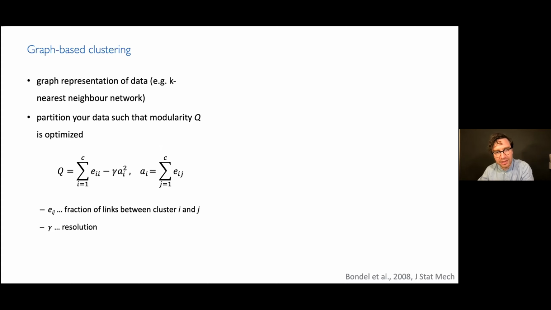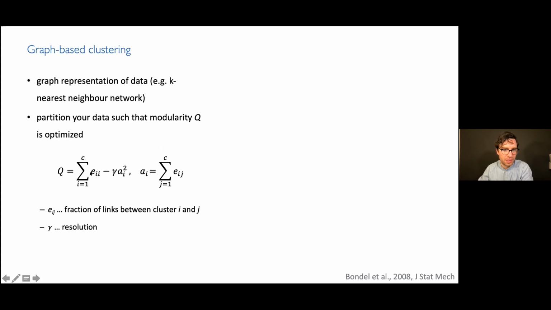Modularity in this case is defined as this object, where Eij are the fraction of links between cluster i and j. What you try to do is maximize the links between cluster i and i, which are the internal links, this Eii, the links inside a cluster.